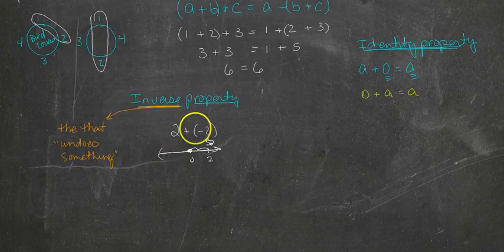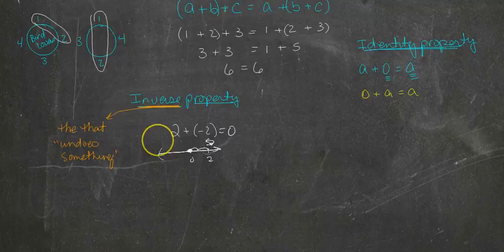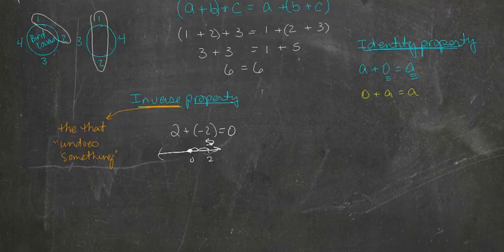So 2 exists and negative 2 undid it, the value being 0. That is the inverse property. And inverses show up in a lot of different ways. So if you think about it as I'm looking for the thing that undoes it. Another way that you sometimes think of inverses is when it comes to fractions, and we'll see in the future how that's also true. The reciprocal is sometimes called the inverse of a fraction.